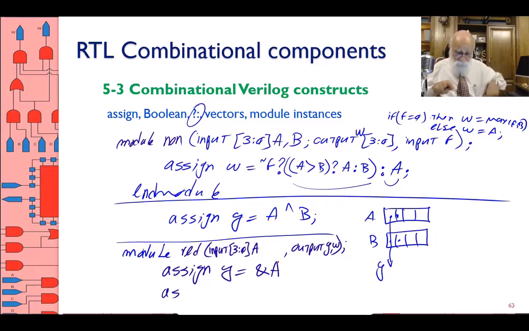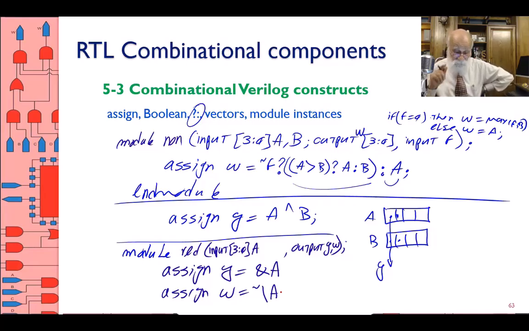So there may be minor errors, but the concept is probably correct. Assign Y equal to AND of all bits of A, and assign, let's say, W is OR reduction of A.